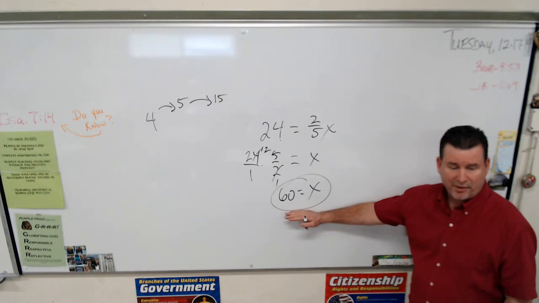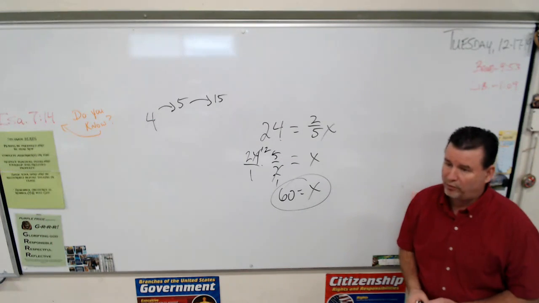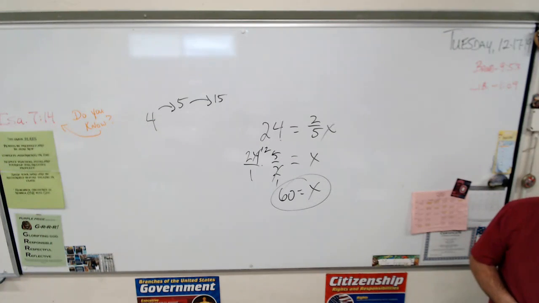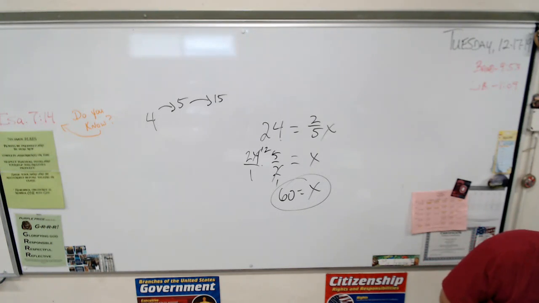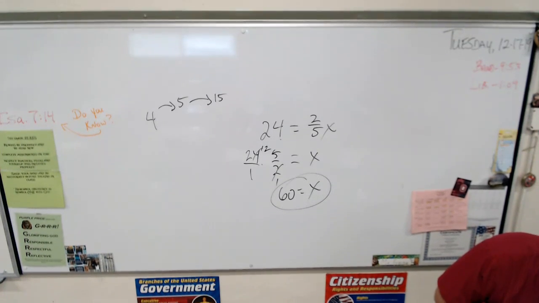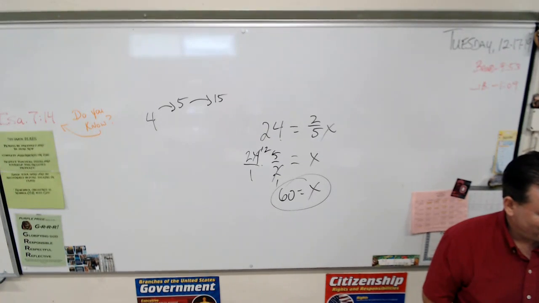If she had 60 minutes on the card and she used 3/5 of them, she used 36. That's what got her down to 24. It's just the opposite. If you have 60 and you take 3/5 of that, you would have 36. So then you're just doing the opposite, and you have 2/5. So then you see what 2/5 is.